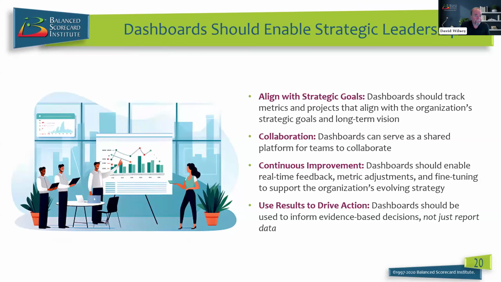And ultimately, if I do this well, I am enabling strategic leadership. I want my leadership team to be thinking about strategy and communicating strategy in a visual manner so that it's not just in their head. It's something that employees can make happen because they can see what you're trying to communicate. So the dashboard should be aligned with strategic goals.